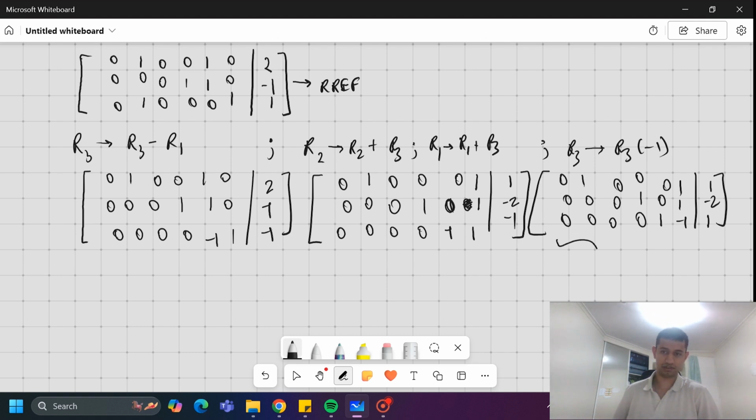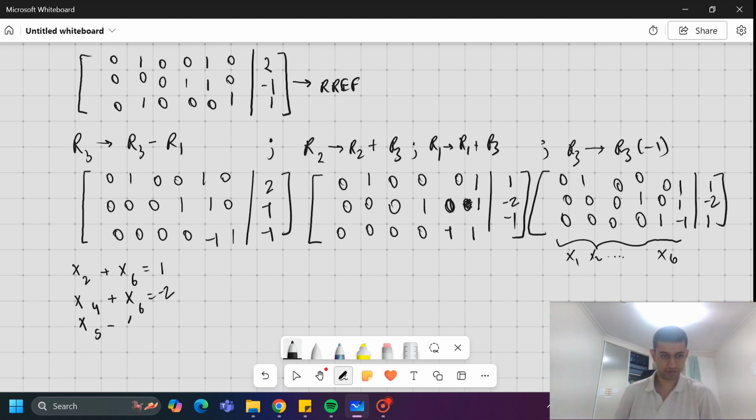So since this has 6 variables, we expect this to be x1, x2, and so forth until x6 for each column. And so we take the values for each equation, and that becomes something like x2 plus x6 is equal to 1. x4 plus x6 becomes minus 2, and x5 minus x6 becomes 1.